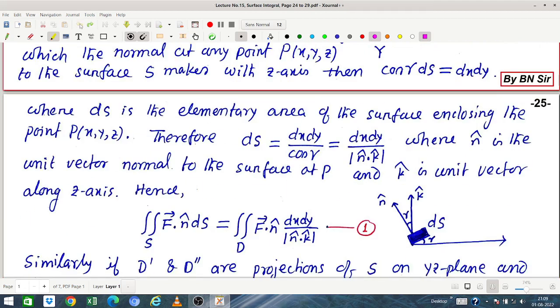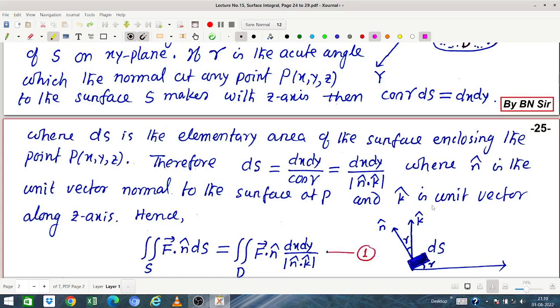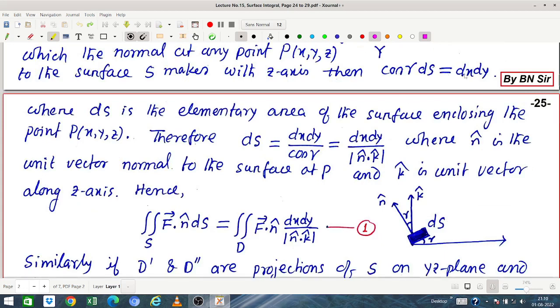Now, what is cos gamma? Cos gamma is mod of n cap dot k cap, where n cap is the unit vector normal to the surface at the point P, the elementary surface dS at the point P, and k cap is the unit vector along the positive direction of the z axis. See how we have written cos gamma dS is dx dy.